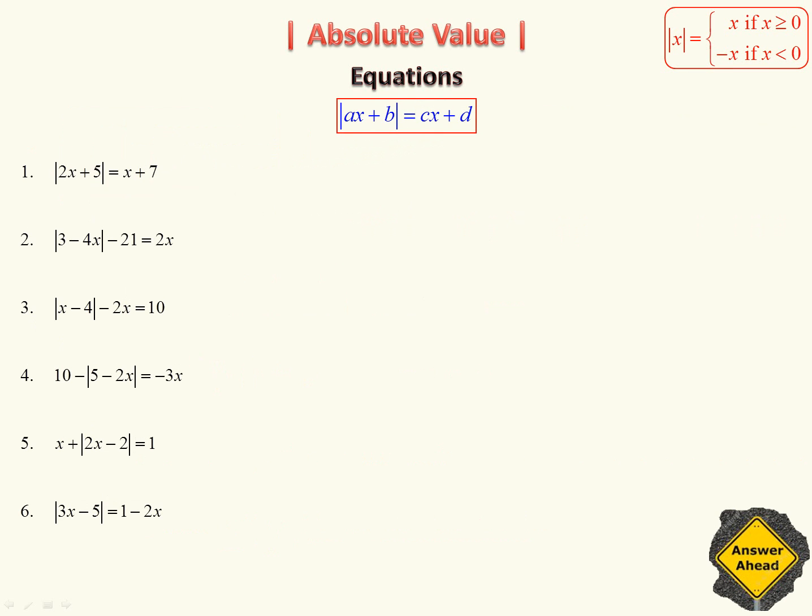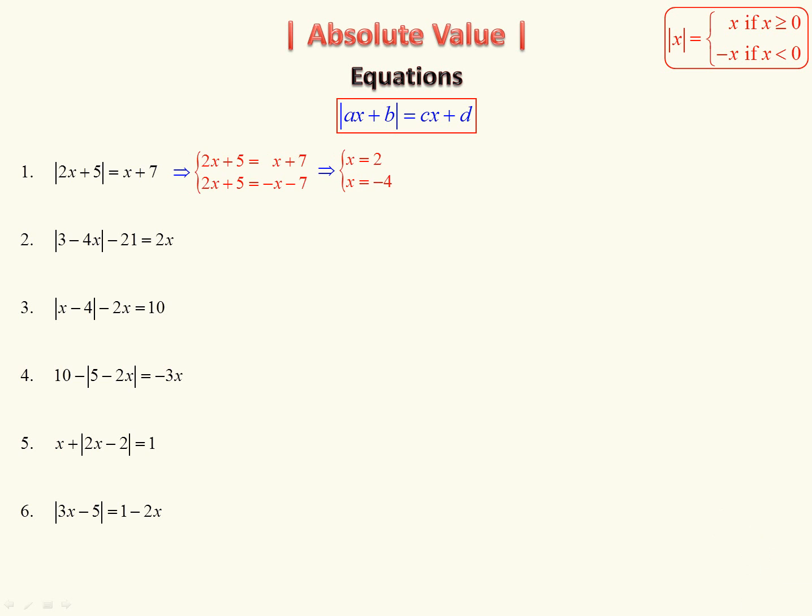Some examples for you to do. Pause, try them yourself. Two equations, the plus or minus. And we get x equals 2, negative 4. Don't forget, we need to check.